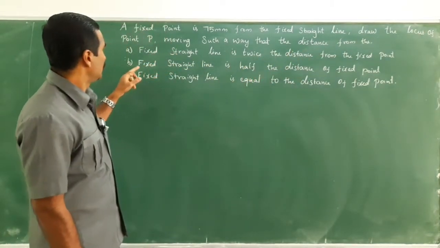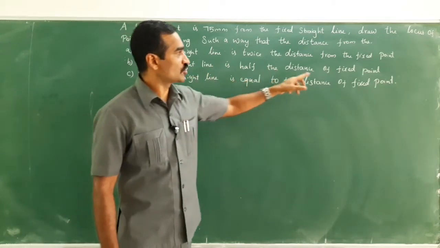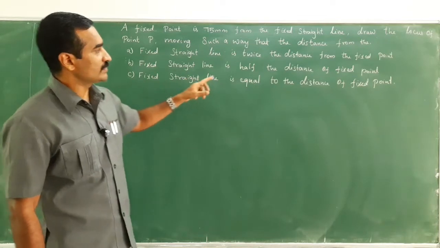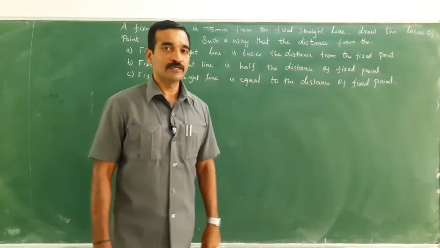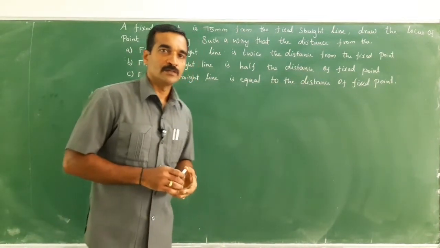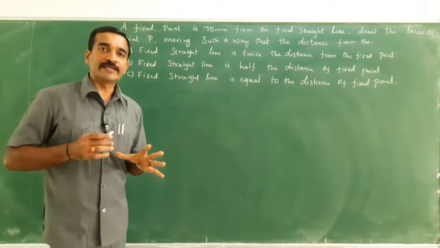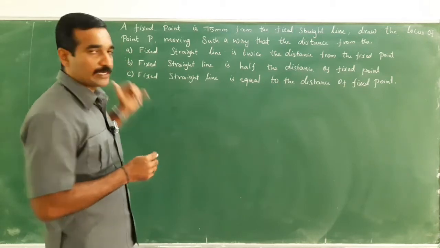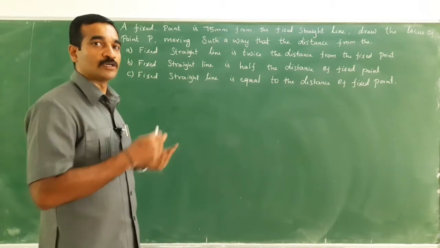Subdivision 2, the distance from the fixed straight line is half the distance of the fixed point. The third one, the distance from the fixed straight line is equal to the distance of the fixed point. So I will give a hint to identify what kind of curve it could be.